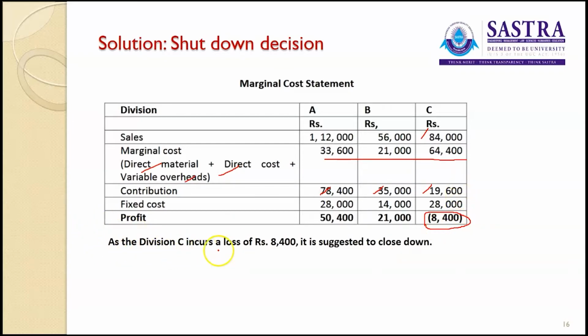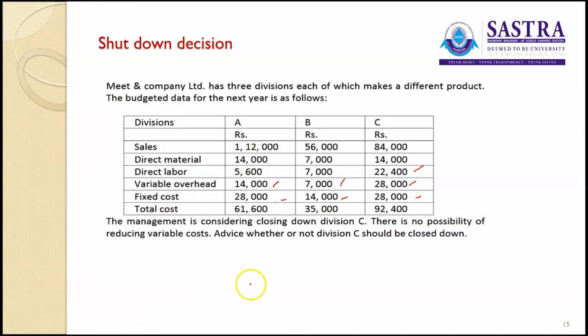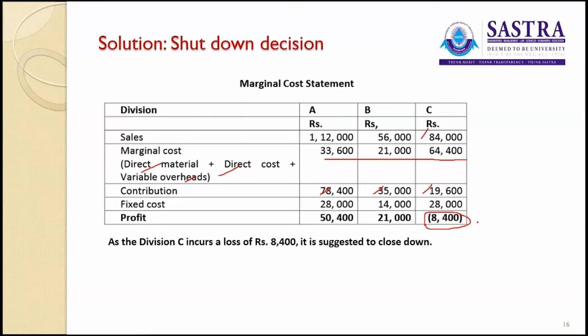As the division C incurs a loss of rupees 8,400, it is suggested to close it down. See here, the management is asking your advice whether to close down the division C or not. There is no possibility of reducing the variable cost. So we are going to incur the same variable cost. So it results in a loss of rupees 8,400.